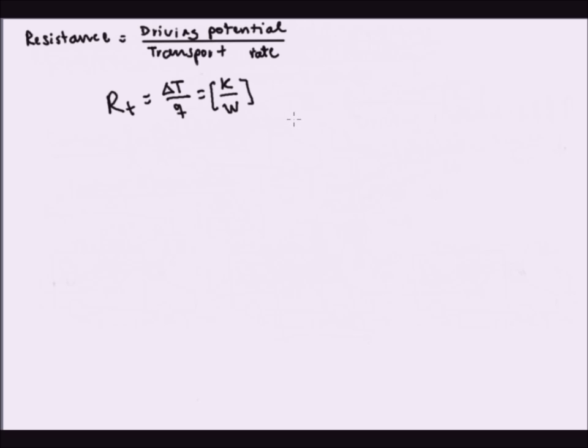The first one is the heat conduction through a system of walls in series. Imagine these are the walls here, and the walls have a cross-sectional area. Looks something like this. And they have an equal thickness.